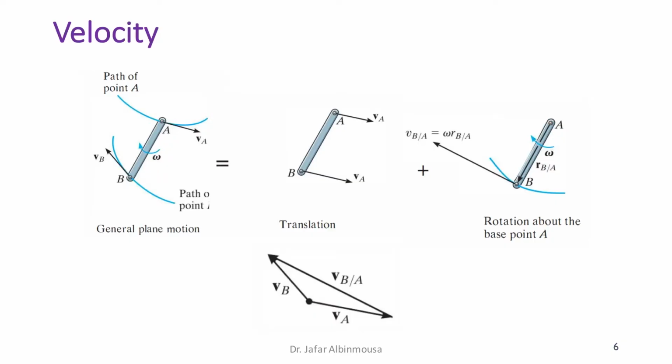So the velocity of B with respect to A is equal to omega multiplied by rB with respect to A. This is just a representation of the vector: this is the velocity of A, this is the velocity of B, and this is the relative velocity vector.